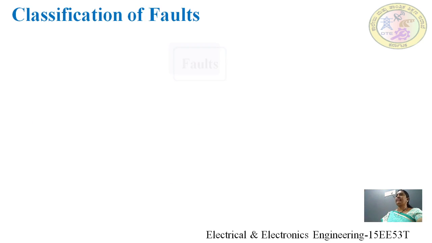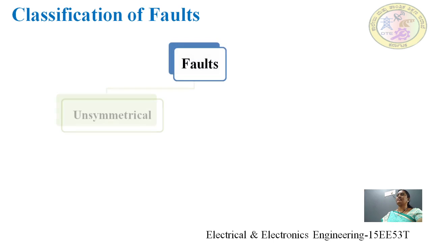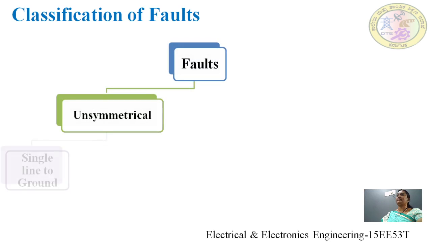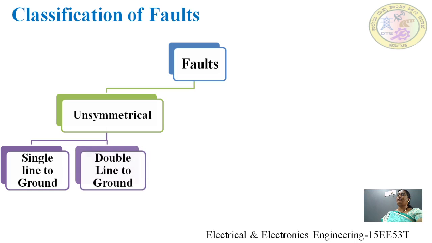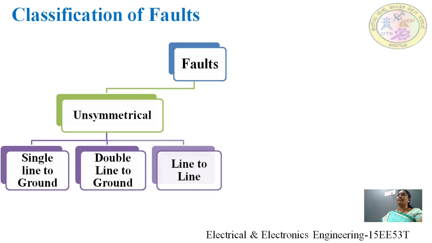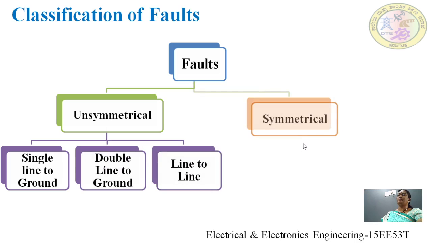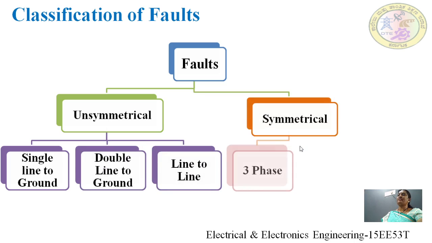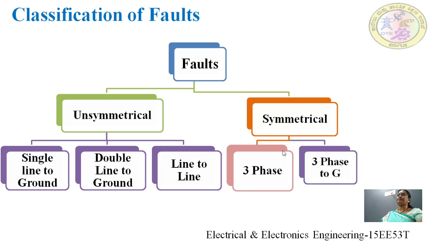Next, classification of fault. Faults are classified into two categories. One is a symmetrical fault and another one is an unsymmetrical fault. Unsymmetrical faults are of three types: single line to ground fault, line to line fault, and double line to ground fault. Symmetrical faults are of two types: three-phase fault and a three-phase to ground fault.